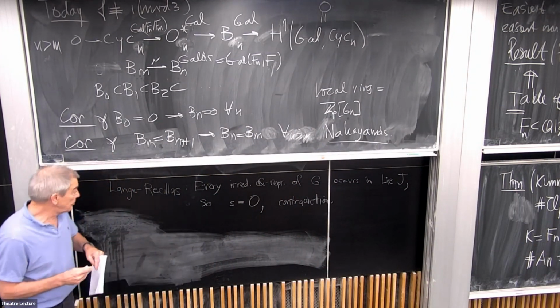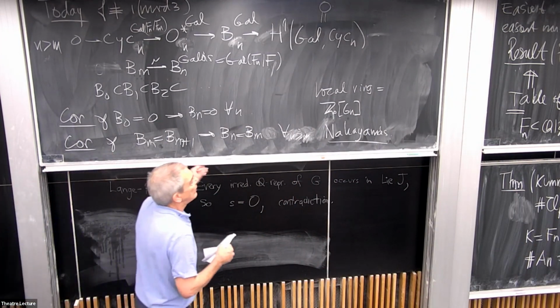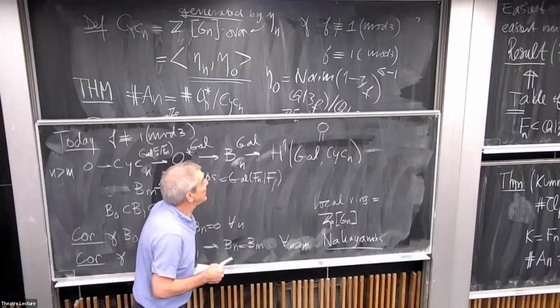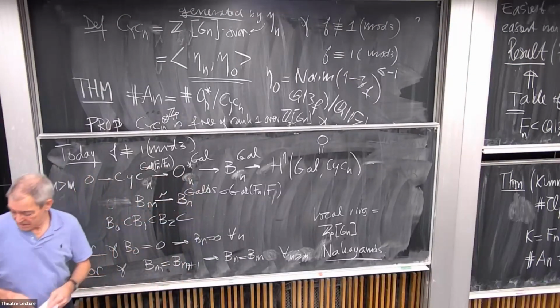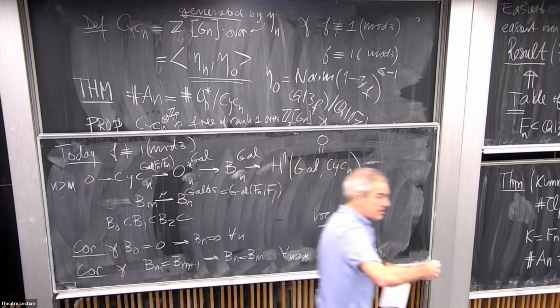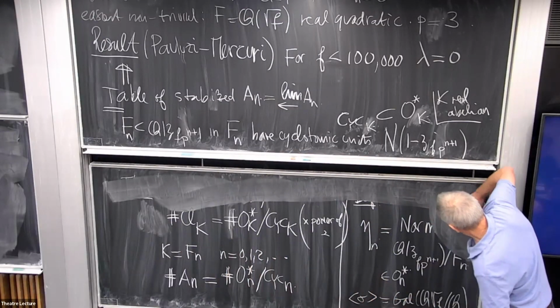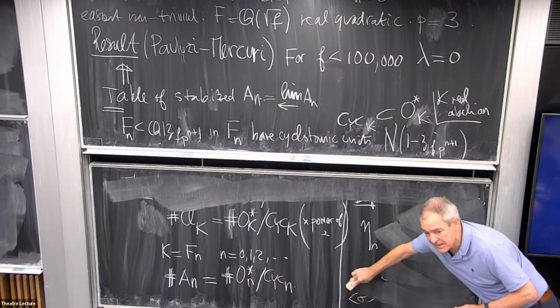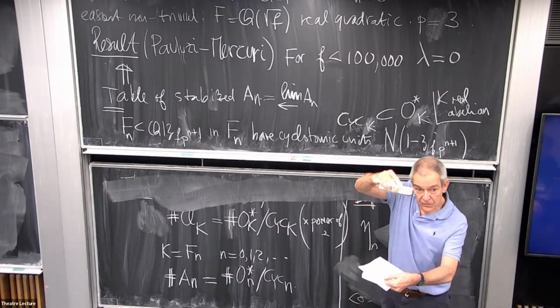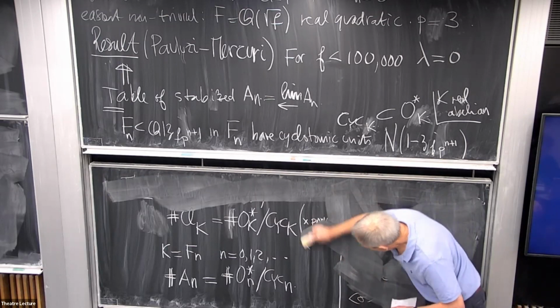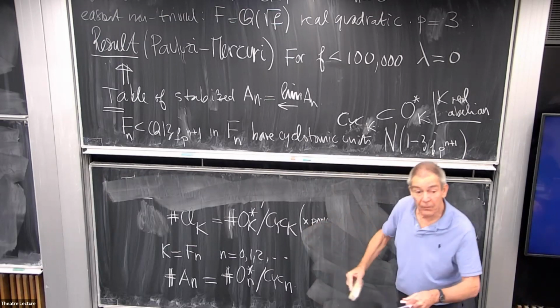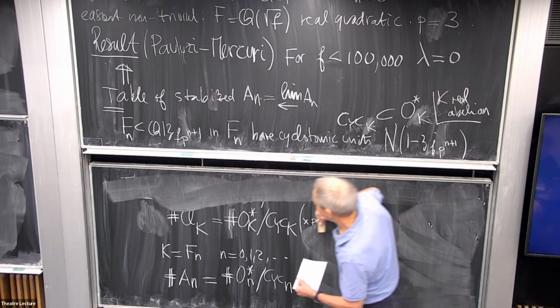Because now what you could do is compute these Bn's in every stage, level 0, level 1, level 2. And if at one point you find that B doesn't grow anymore, that B2 and B3 are equal, for example, then you know that it will never grow again, and that lambda is 0.